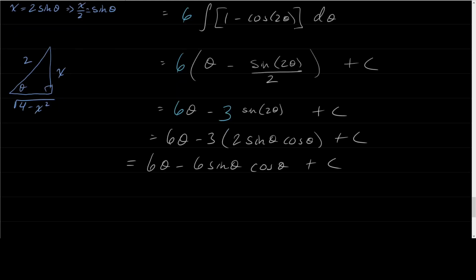In here we have 6 theta. We haven't solved for theta here; theta is going to be sine inverse of x over 2, or arcsine.